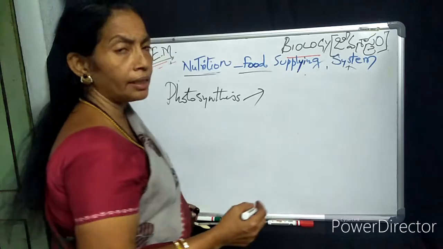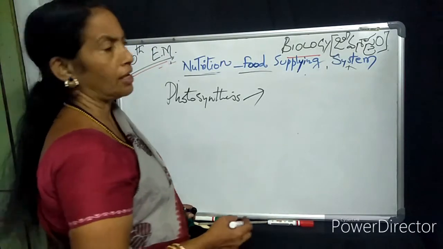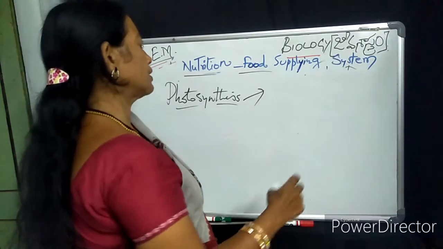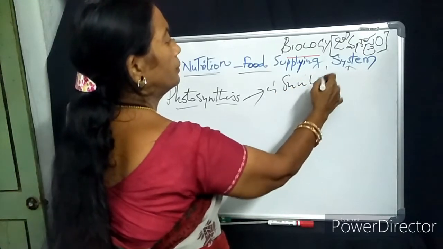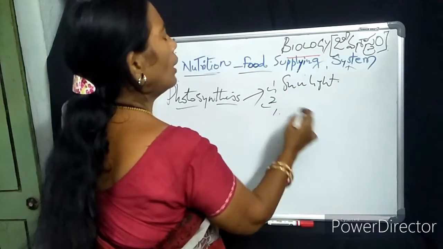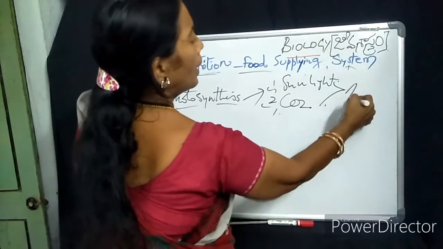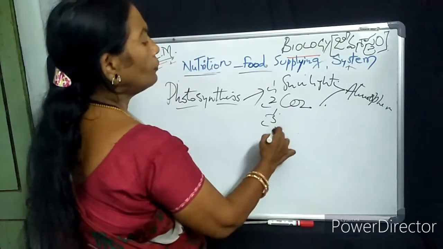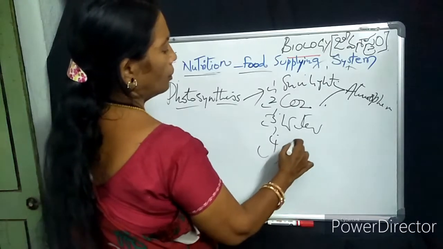In last class we already discussed these four factors or four conditions needed for photosynthesis in green plants. The first factor is sunlight. Second, carbon dioxide, these are from the atmosphere. Third, water. Fourth, chlorophyll.